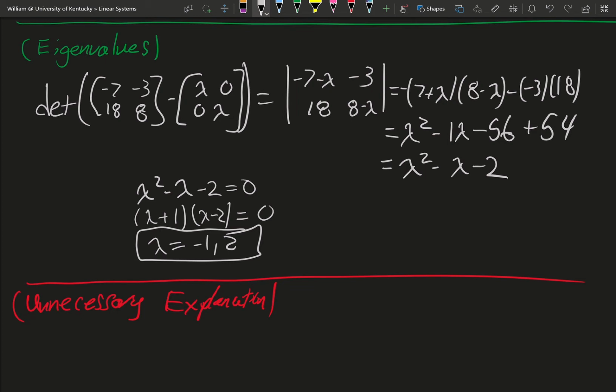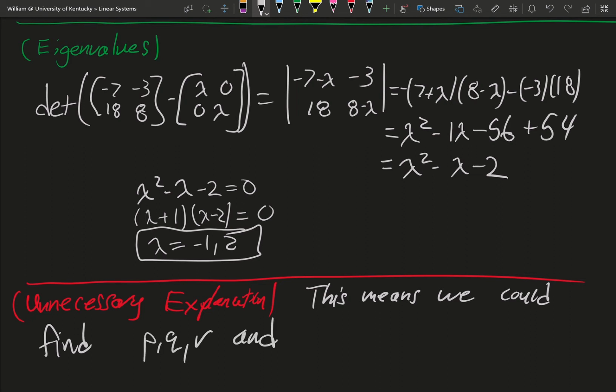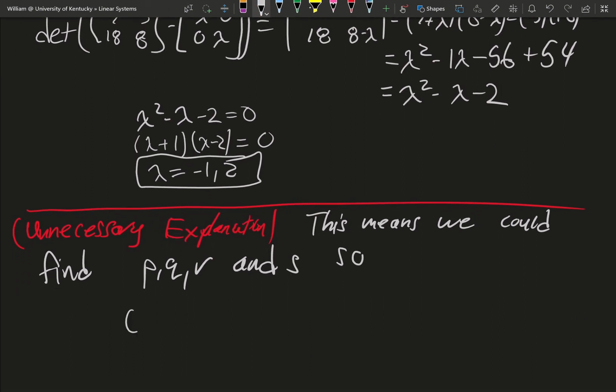One way you can choose to think about this is that we could find numbers p, q, r, and s so that if I take the derivative of px plus qy, I get, say, -1 times what I started with.